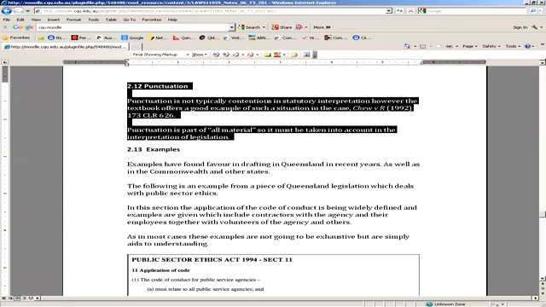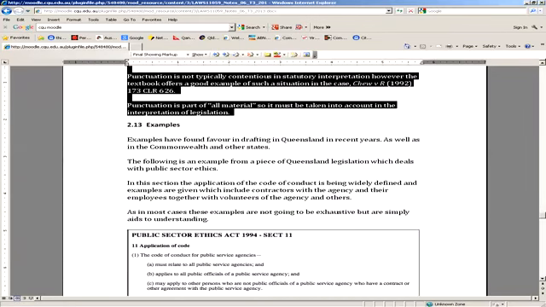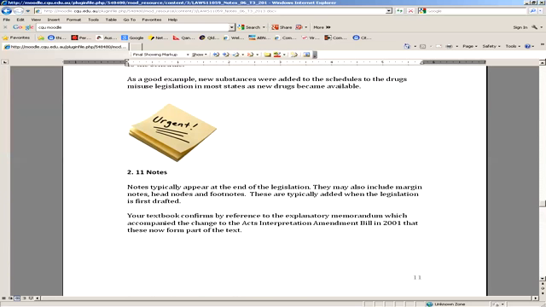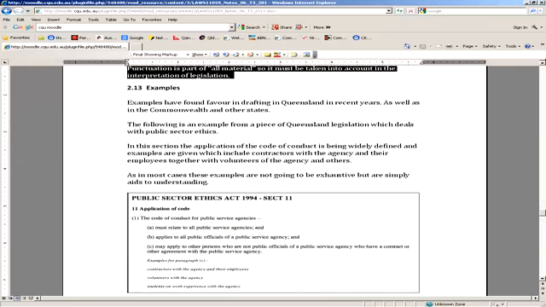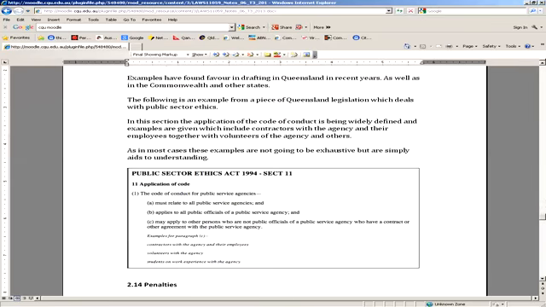We were talking just before about examples, and I was talking about them in the context of notes. It lists them here separately, and it gives you an example. It gives an example of an example, and here's the example there, if you can see my arrow running across it. Examples for paragraph C: contractors with the agency and their employees, volunteers with the agency, and students on work experience with the agency.